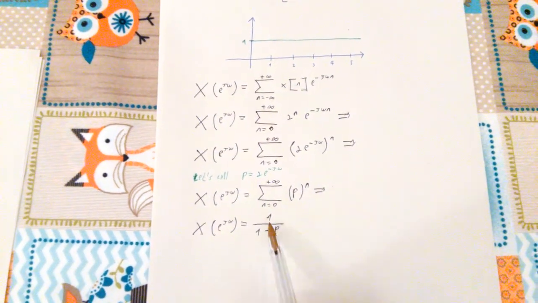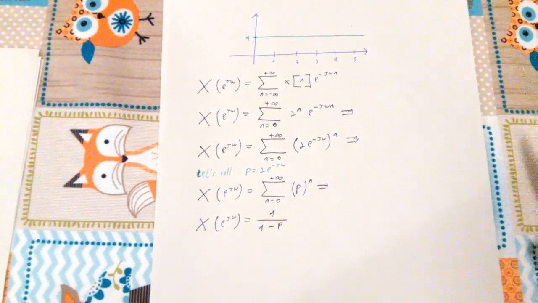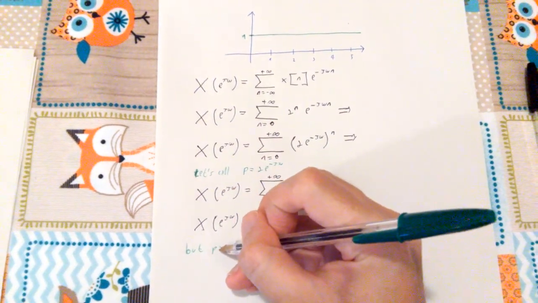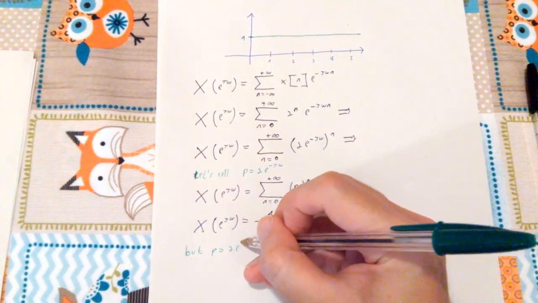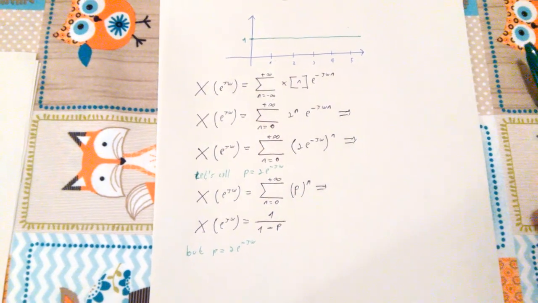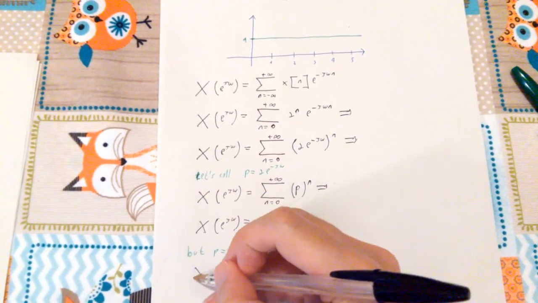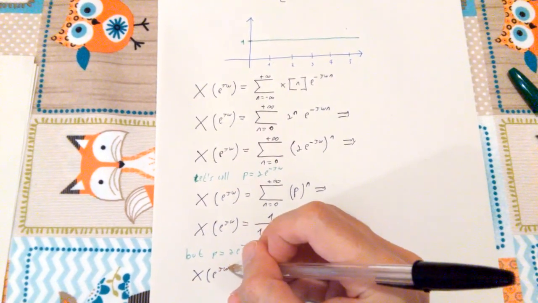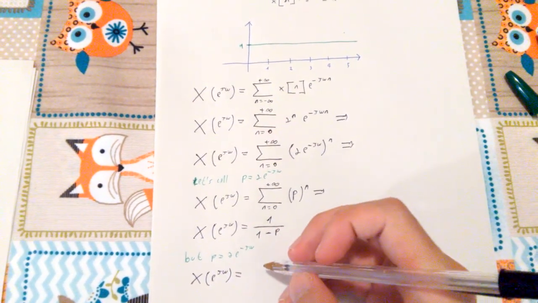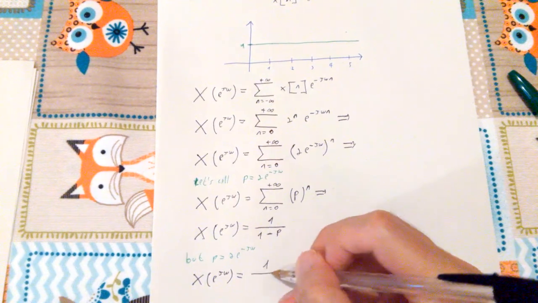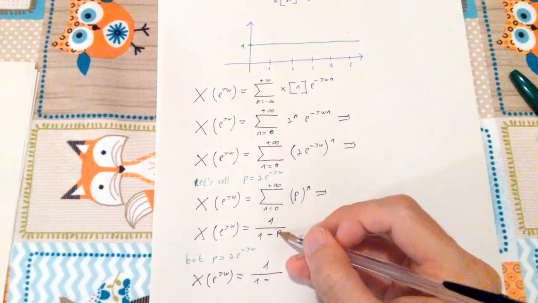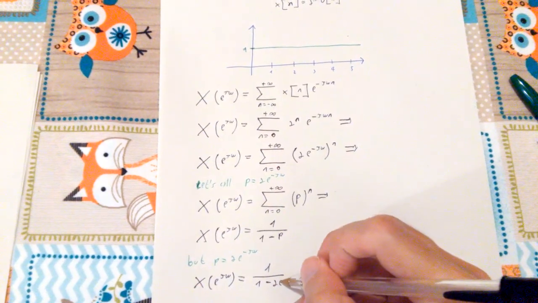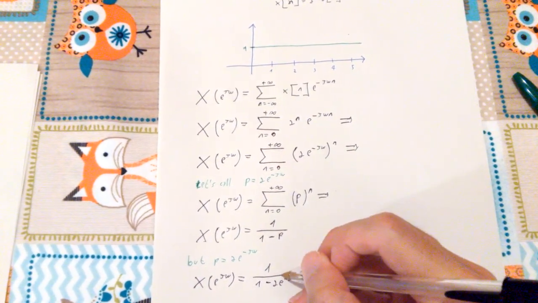So now that we know the result, we can say, well, p was actually a e to the negative j omega. Therefore, our final result is X of e to the j omega equal to 1 over 1 minus a e to the negative j omega.